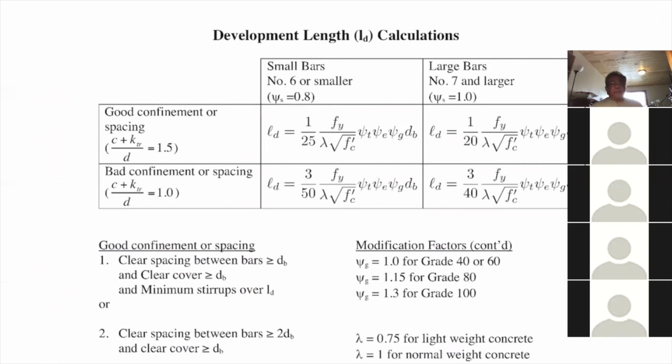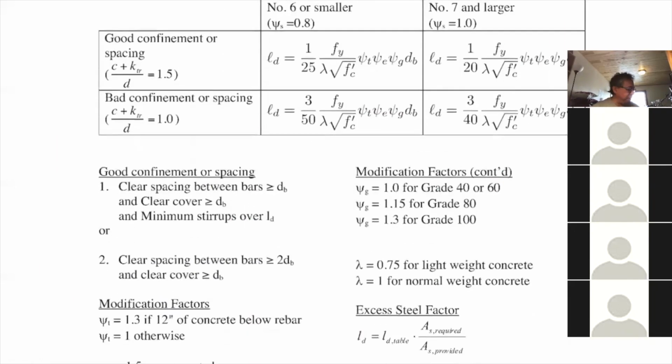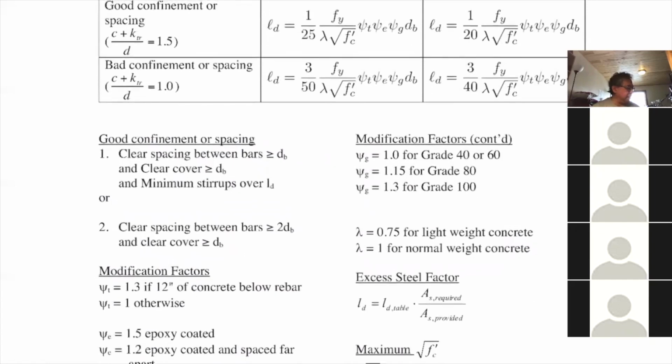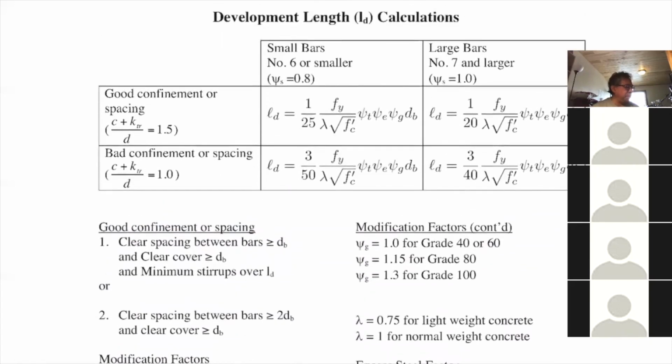If you are number 6 or smaller, you use the left column. If you're number 7 or larger, you use the right column. We have number 9, so we're using the right column. If you have good confinement or spacing, use the first row. And then I define exactly what this is. And so minimum stirrups, so we are the first row.